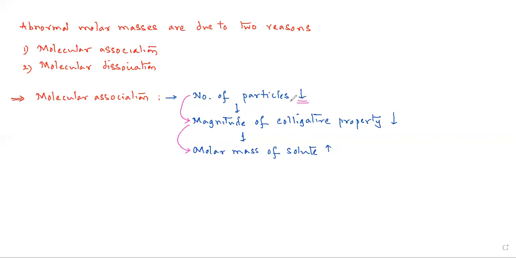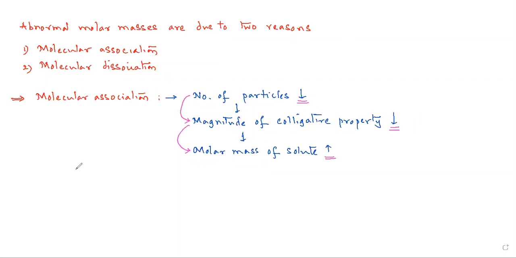So when number of particles decreases, the magnitude of colligative property also decreases, but at the same time, molar mass of the solute increases.